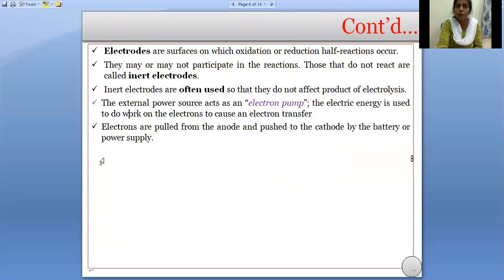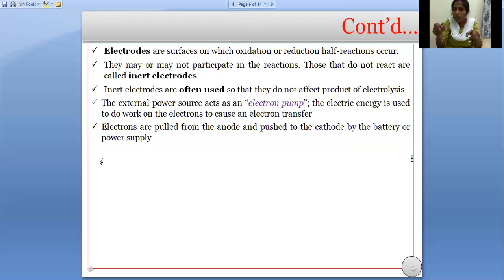Electrodes are surfaces on which oxidation or reduction half reactions occur. They may or may not participate in the reaction. Those that do not react are called inert electrodes. Whatever electrodes we are taking here are not participating; instead, the electrolytes participate in the reaction in an electrolytic cell.